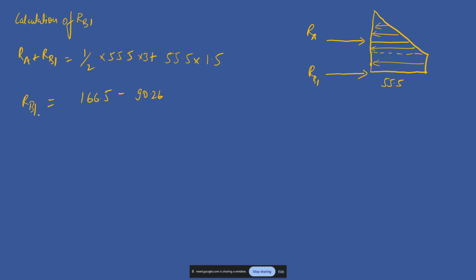This is your reaction B per meter length. So 166.5 minus 90.26 will give you 76.24 kilonewton per meter.